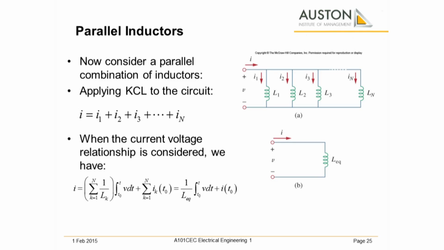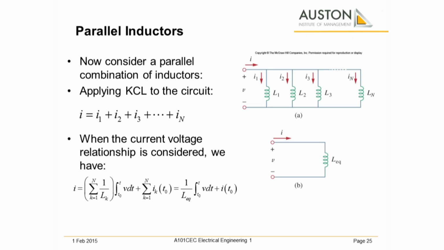How about if we have parallel inductors? If we have parallel inductors, we can apply Kirchhoff's current law, or KCL, to the circuit, which means that the total current flowing in the circuit will be the summation of the current flowing through each inductor.